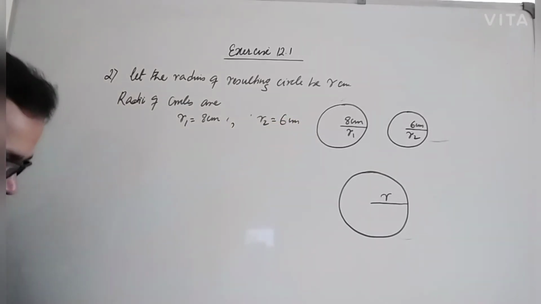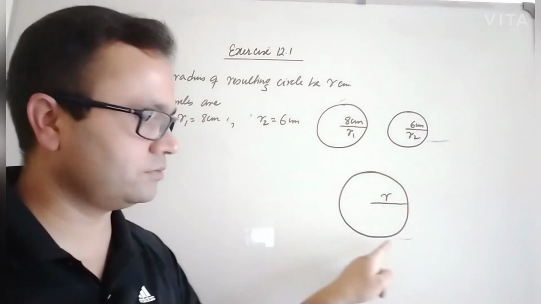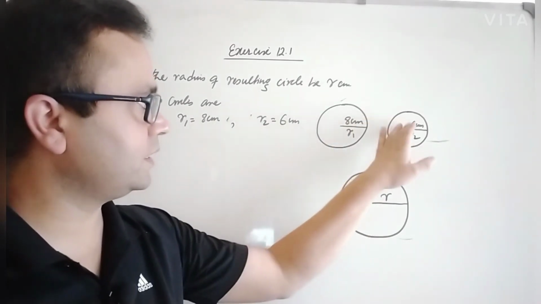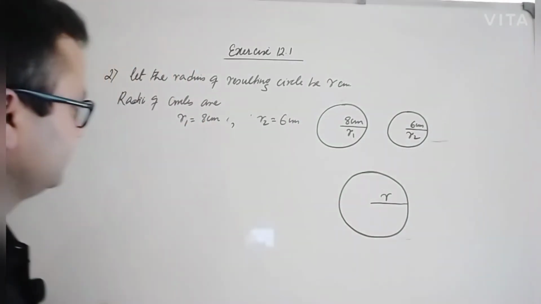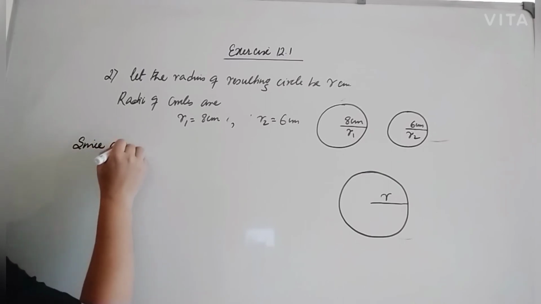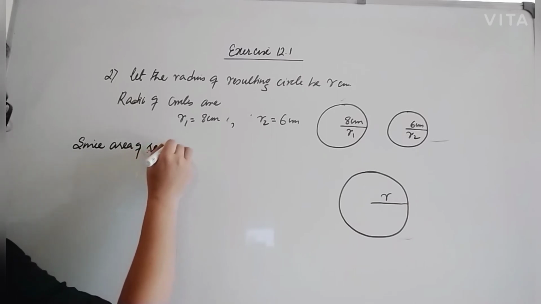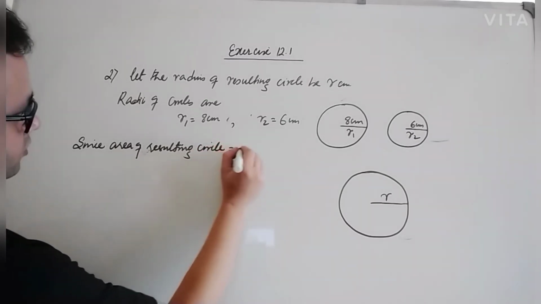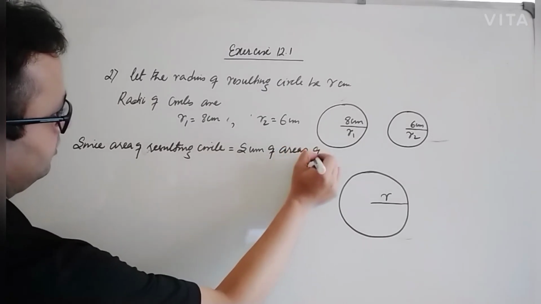According to the question, the sum of the areas of two circles is equal to the area of the resulting circle. So we can write, the area of the resulting circle is equal to the sum of the areas of the two circles.